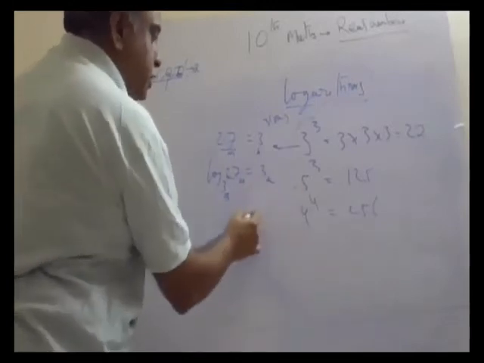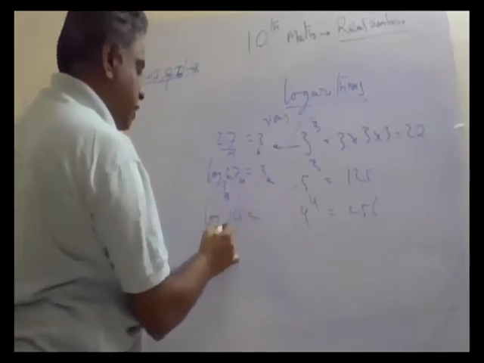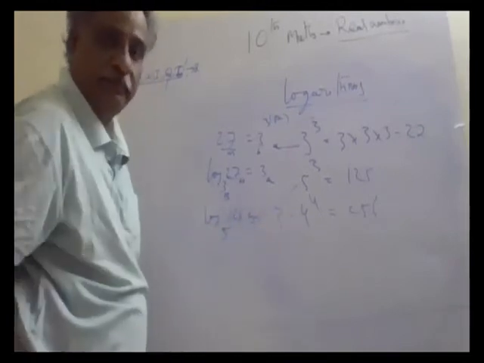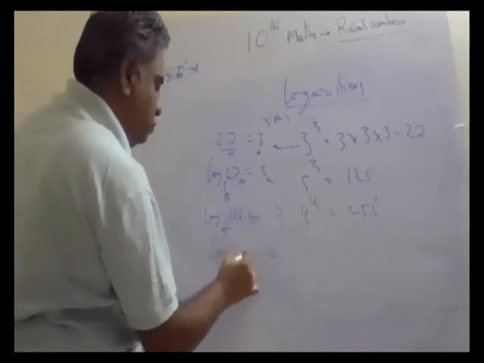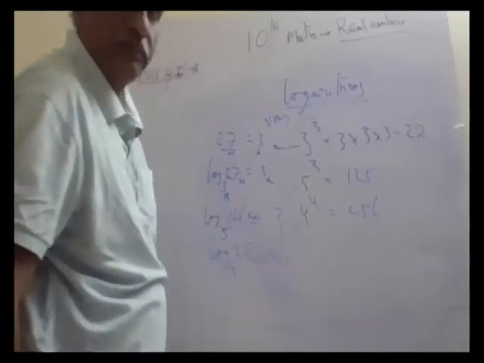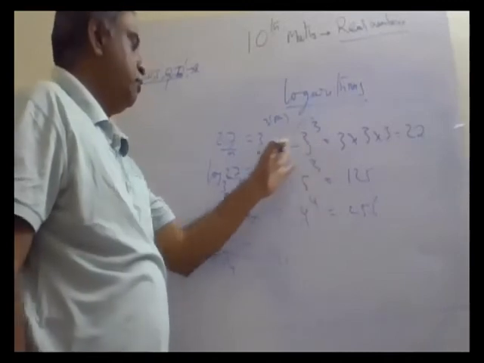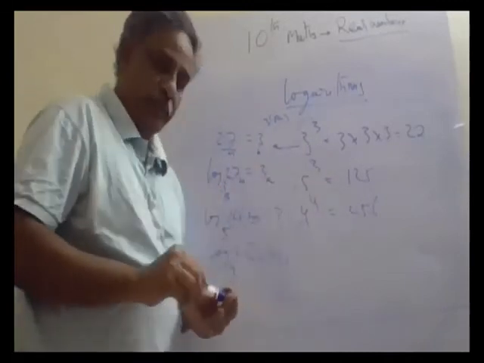For this case, log of 125 to base 5 is equal to 3. And this one, log of 256 to base 4 is equal to 4. So this is how we convert an exponential form into a logarithmic form. Okay, we'll see it further.